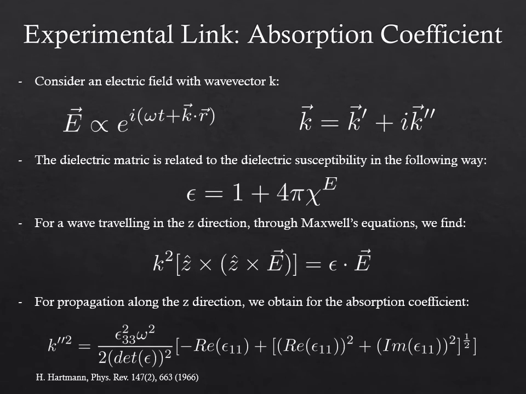Finally, I want to end this talk with this final slide where I'll go over a kind of simple link between our calculation for the dielectric susceptibility of a system and an important experimental parameter in scattering experiments, light scattering experiments specifically, aka the absorption coefficient.